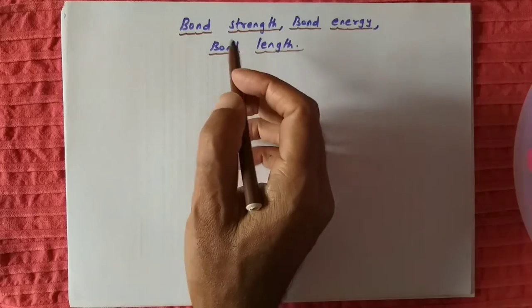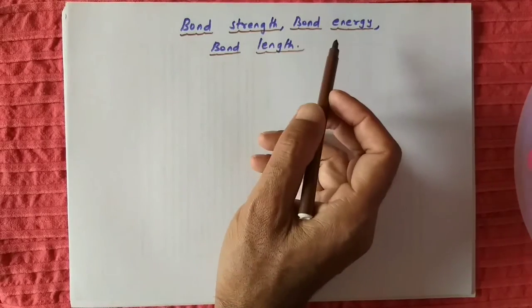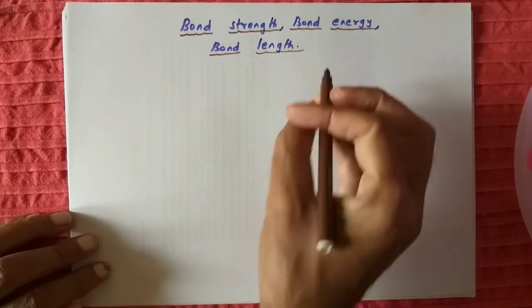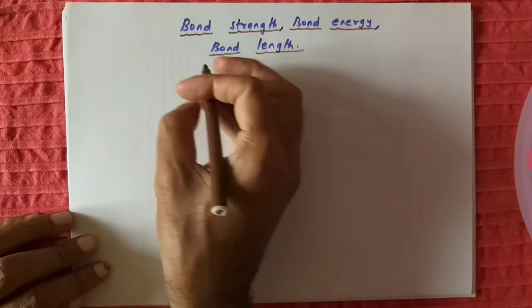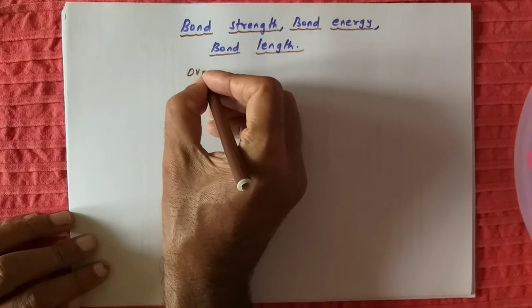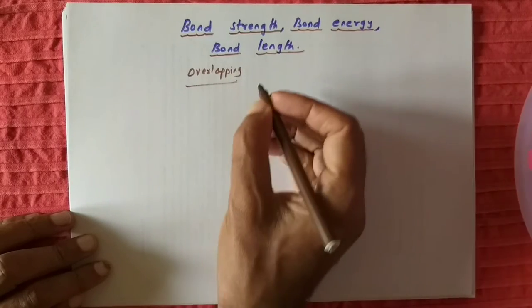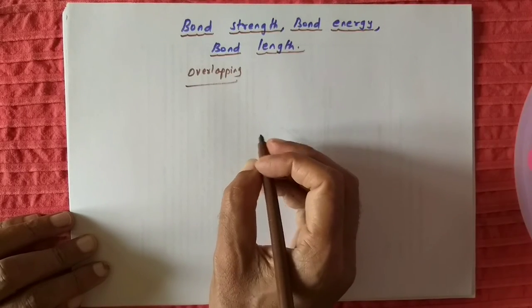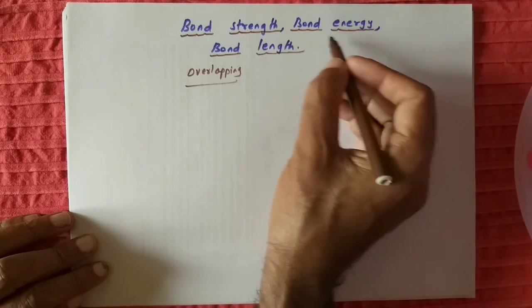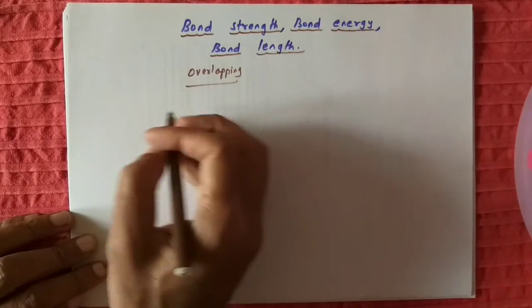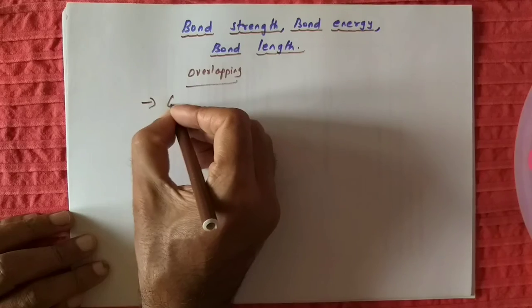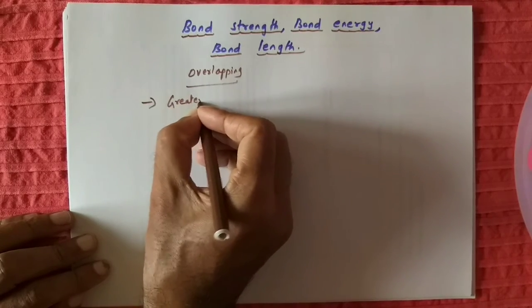So next we will discuss bond strength, bond energy, and bond length. Once again, the overlapping between the atomic orbitals will decide the bond strength, bond energy, and bond length.